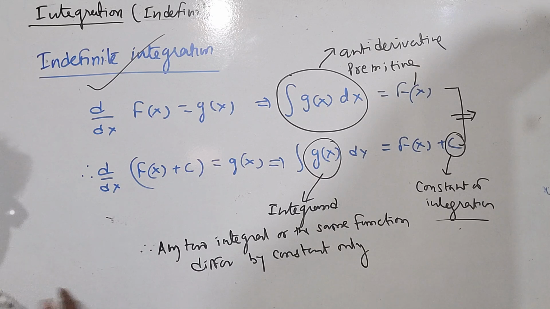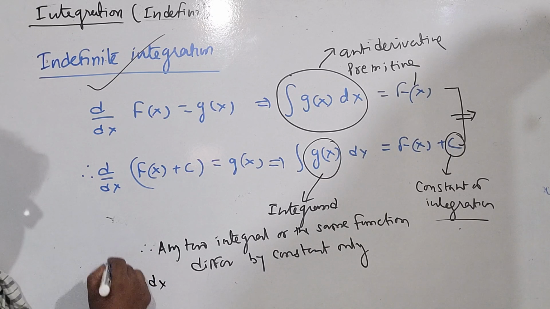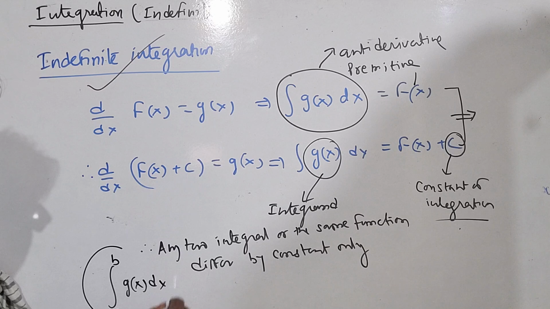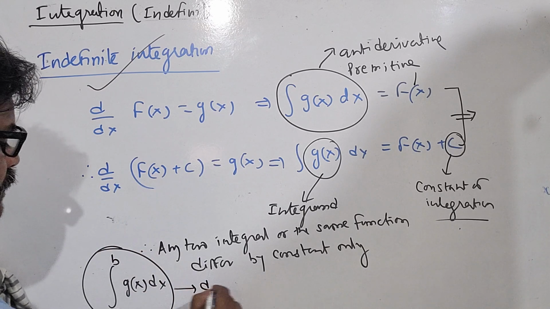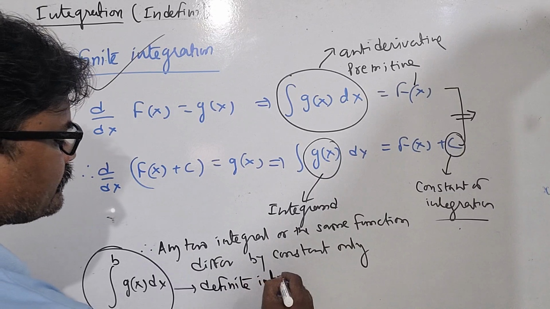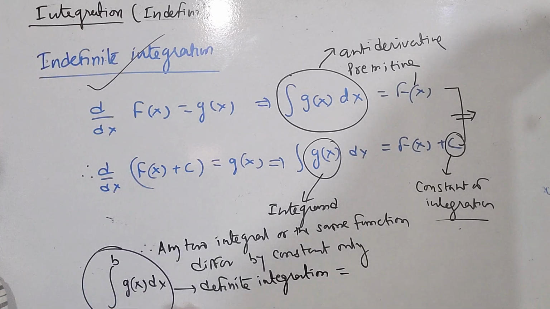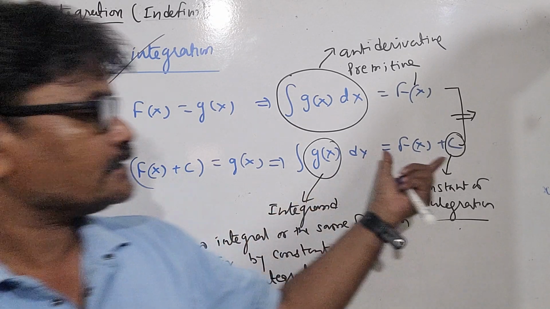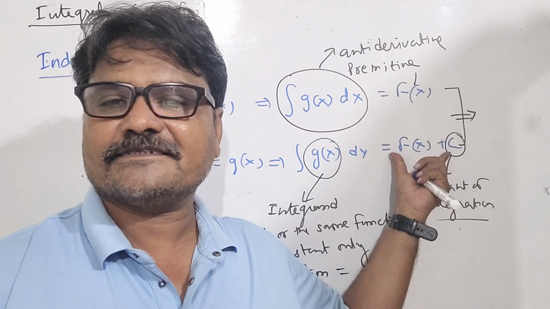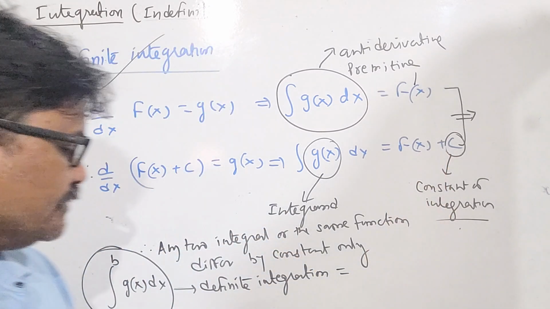And when we put in limits, suppose I want to find the integration of g(x) with respect to x between the limits a and b, this is called definite integration. That gives a particular member of this class, this entire family, and that will be the answer.